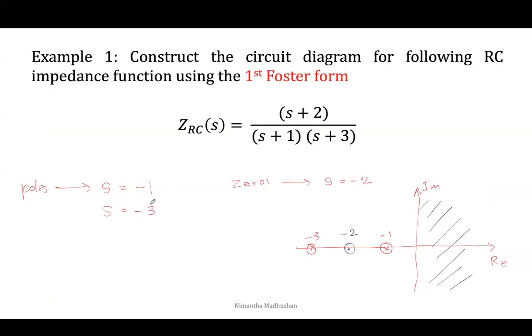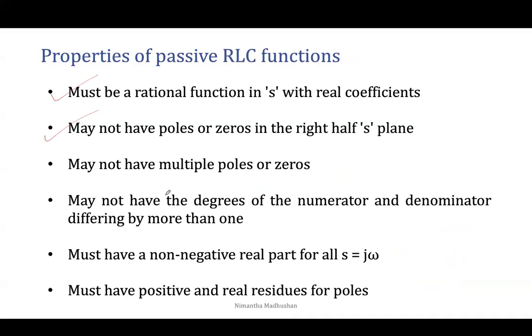The third one says it may not have multiple poles or zeros. You can see there are no multiple zeros, only one zero. And when we consider the poles, there are no multiple poles either. Then the third one is also satisfied. The fourth one says the degrees of the numerator and denominator may not differ by more than 1.